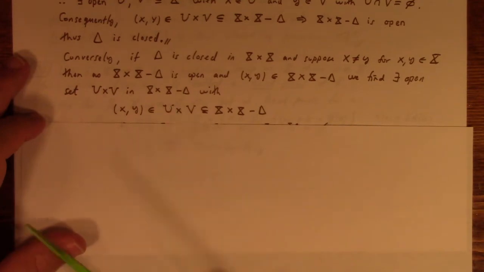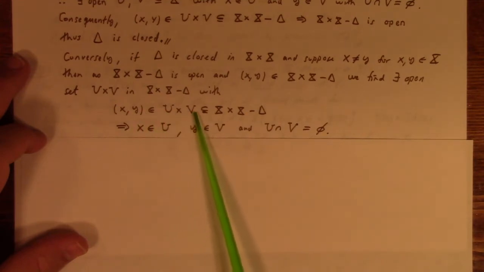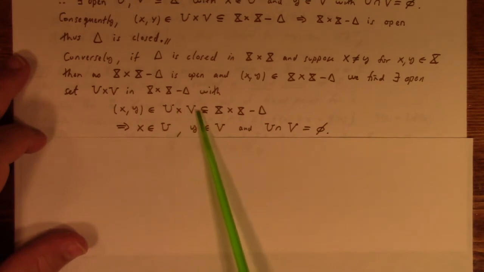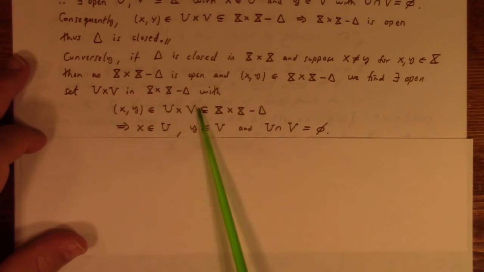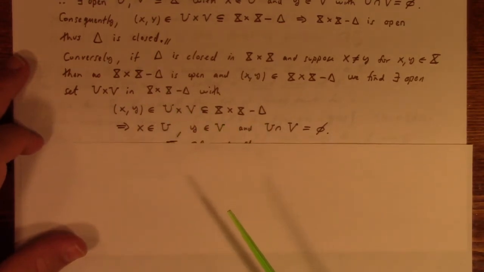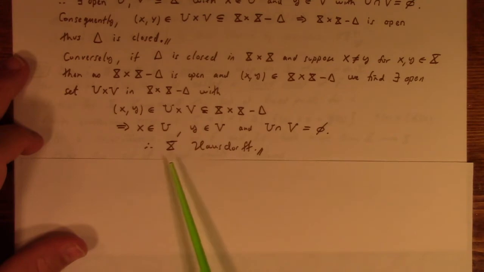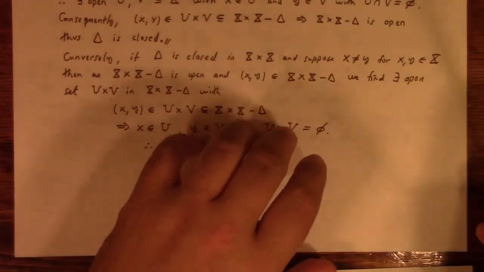But that means that x is an element of U and y is an element of V, and since this U cross V is a subset of the complement of the diagonal, it's a sneaky way of encoding the non-intersection of U and V in this notation. If you don't believe it, just write it out, you'll see it. Therefore, we've separated points with open sets which are disjoint. It's Hausdorff. Woo-hoo. So there's that.